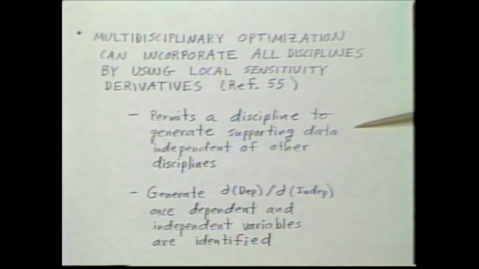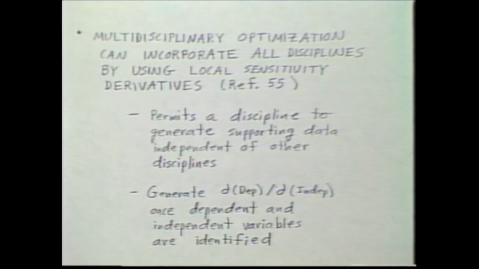And this is an approach developed by Sobieski at Langley for decoupling the system and allowing each of the components or each of the pieces to generate their data independently, to generate their own sensitivities. Give you an example very briefly. What you really want to know is what's the total derivative of takeoff gross weight to ISP at a given Mach number.